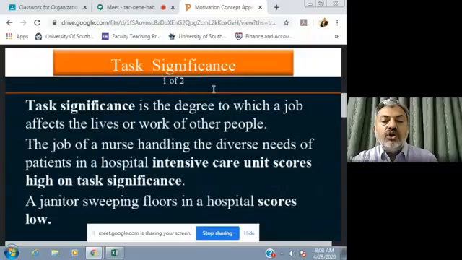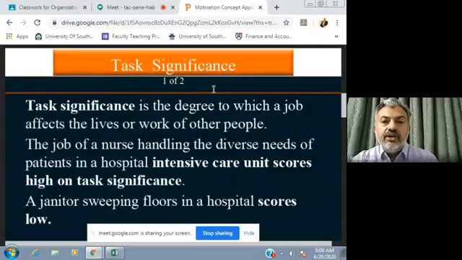The job of a nurse handling the diverse needs of patients in a hospital intensive care unit scores high on task significance, because she is taking care of patients, and the patients are benefiting from the task that she is performing. Patients who are in the ICU, their situation keeps on changing. Sometimes they need a drip, other times an oxygen mask, and yet another time some injections or medicine.